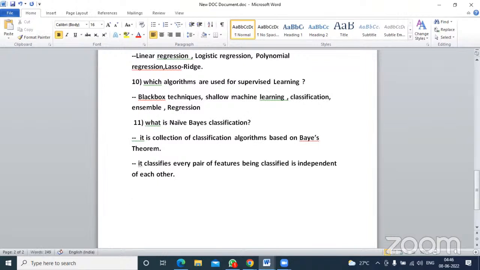Okay, so we got to know what naive Bayes is. We'll go with how many types of naive Bayes there are.